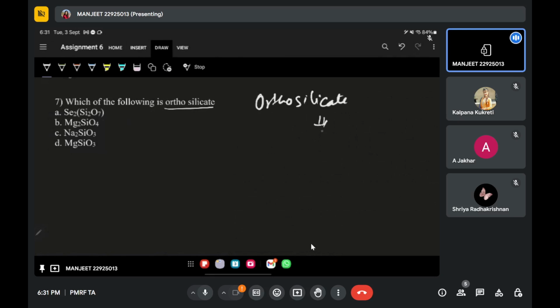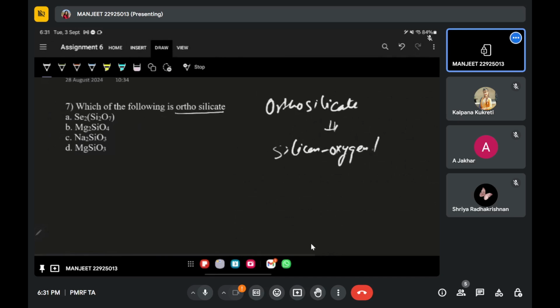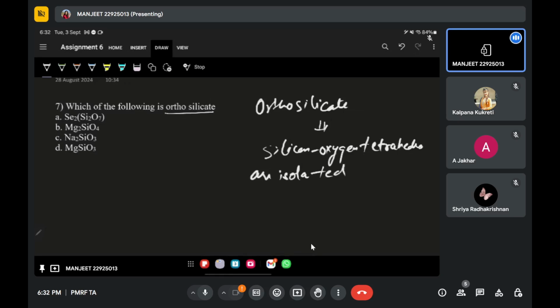Orthosilicates are your silicates basically in which your silicon oxygen tetrahedra are isolated, not linked to the other tetrahedra. Ortho means they are isolated, not connected to the other tetrahedra.